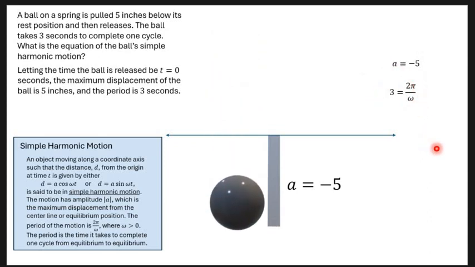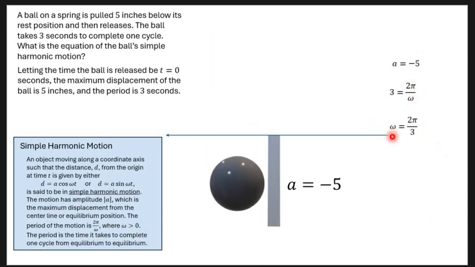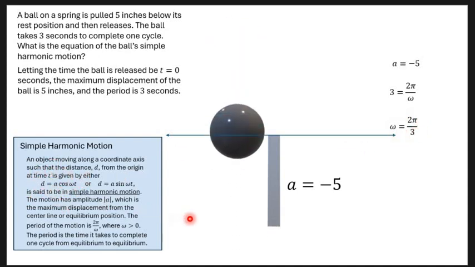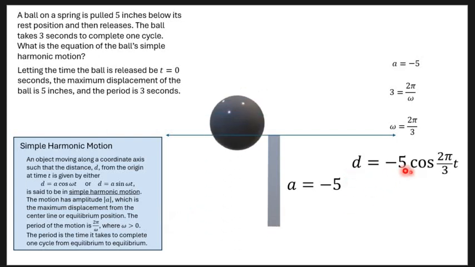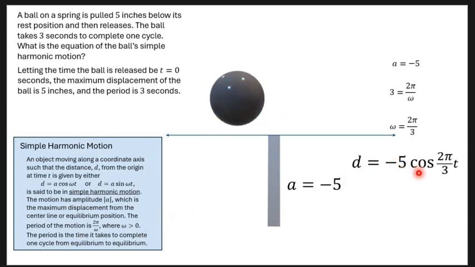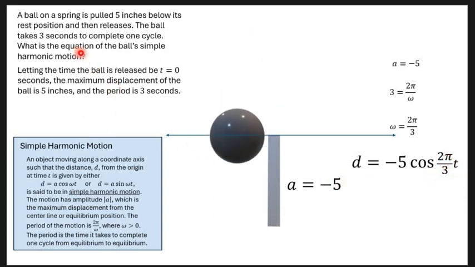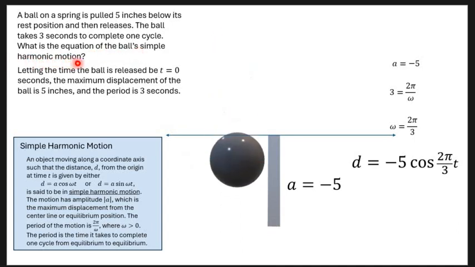Solving that equation for omega, we get that omega is equal to 2 pi over 3, and now we have the model. We're using this cosine model, so we have that d is equal to a, which is -5, times the cosine of omega, which is 2 pi over 3 times t. So this is the equation of the ball's simple harmonic motion.